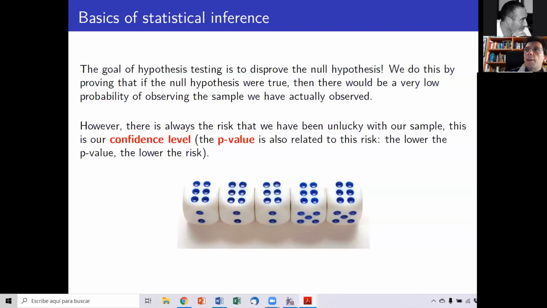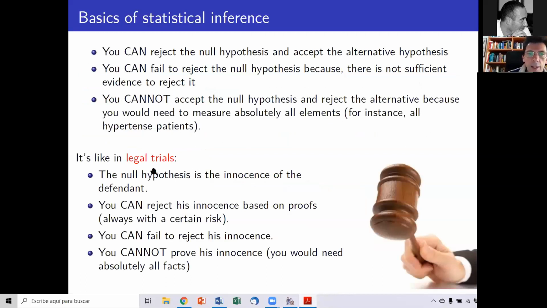So if the p-value is below our confidence level, then we reject the null hypothesis. In the case of the legal trial, it is so unlikely that if you are innocent, all this evidence accumulates against you, that I have to reject your innocence.